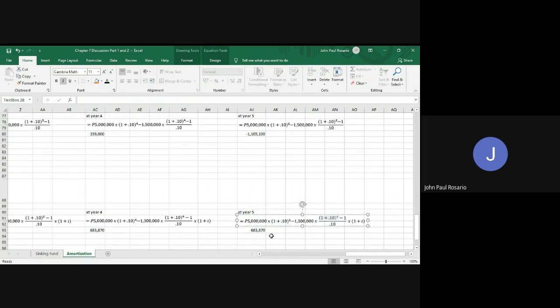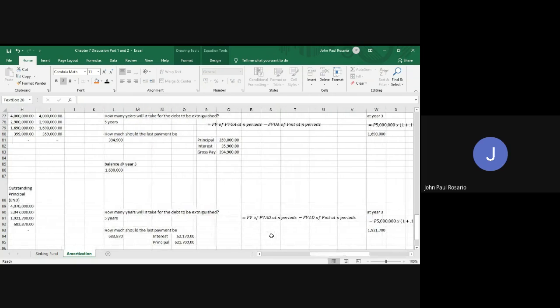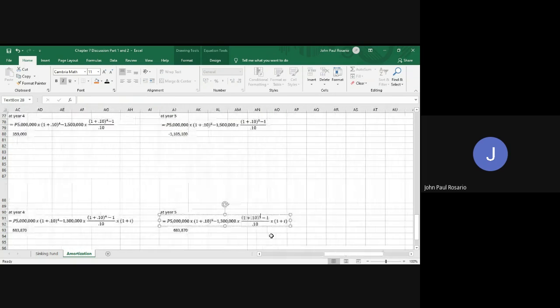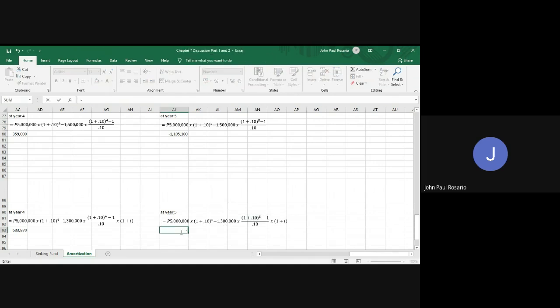So 683,870, right? Okay. Now, what if year 5? Then here you will realize that whichever year you go negative is your number of periods. So here it is negative, negative 677,743.